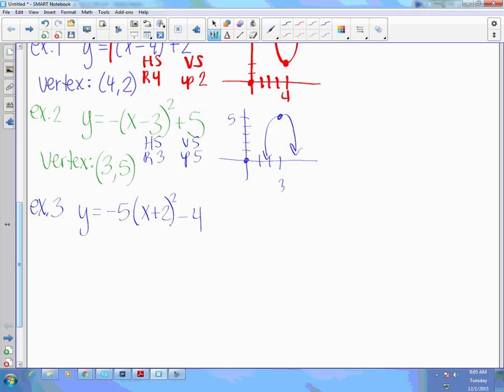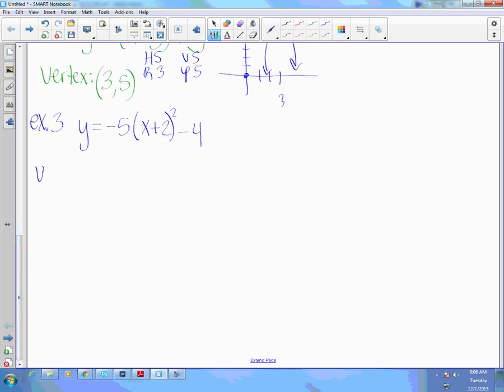Here's your A. Tell them what the vertex of the graph is. The vertex, when we're opposite, same. Okay, we know the vertex. Good. So it's opposite sign with a positive 2, so she said negative 2, and then same sign for the K, negative 4.